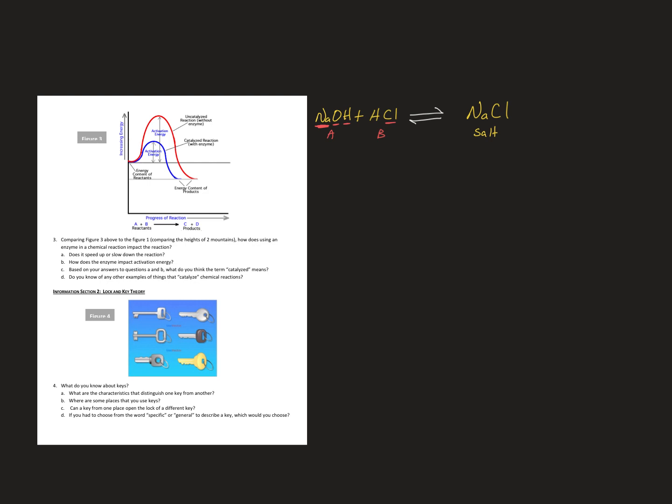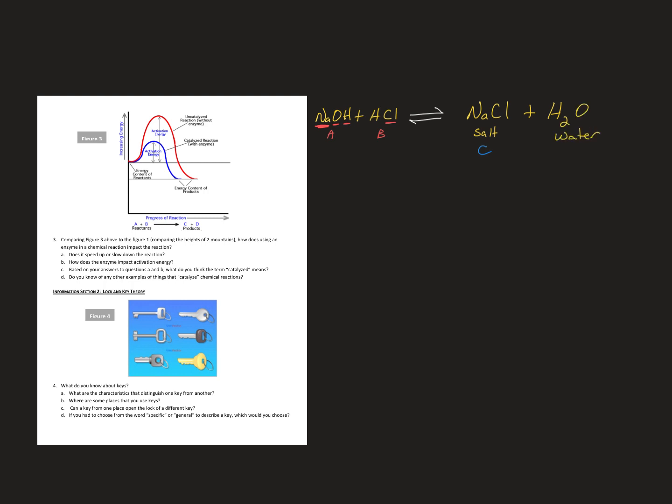So that would be B. I'm sorry, that's not B. That would be C. And then you're adding to that, what would happen? Remember our rule, we have to have in the end what we started with. You have the Na, you have the Cl, you need the OH and the H. So, of course, or at least I hope it's obvious to you, you'd have water.